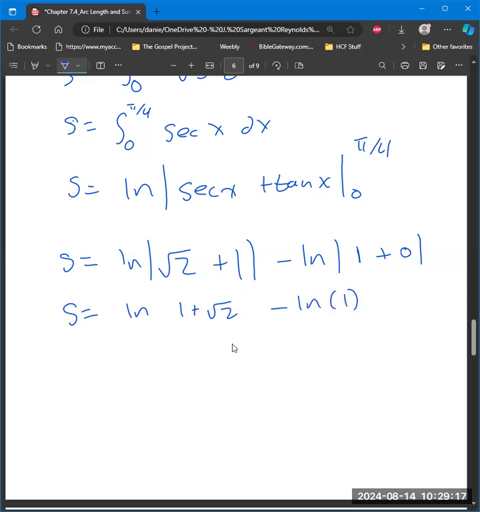It's positive, so I don't need the absolute value bars anymore. Ln of 1 is 0. So s is about, if you stick this in your calculator, 0.88.